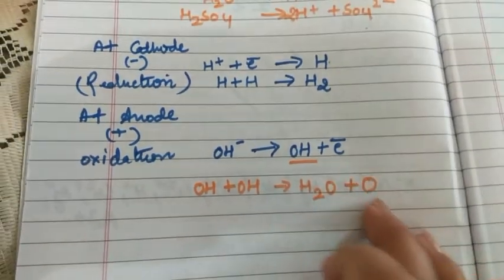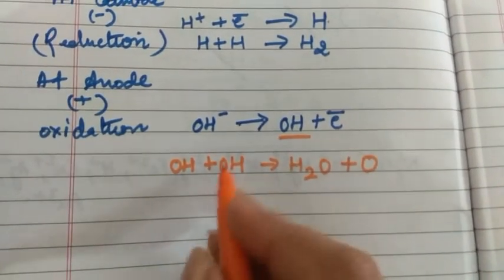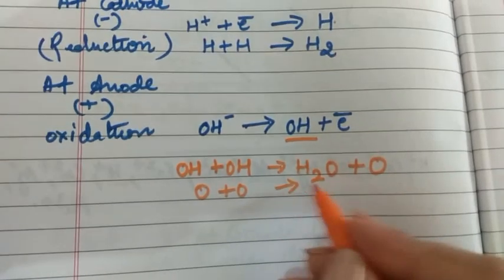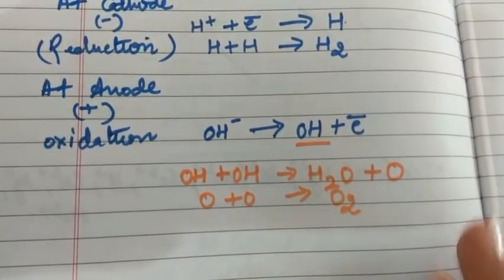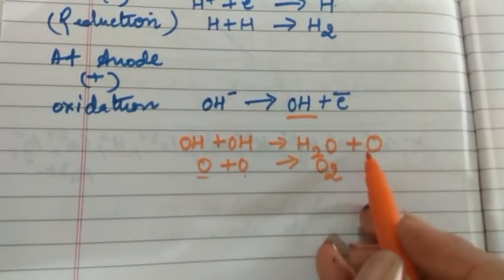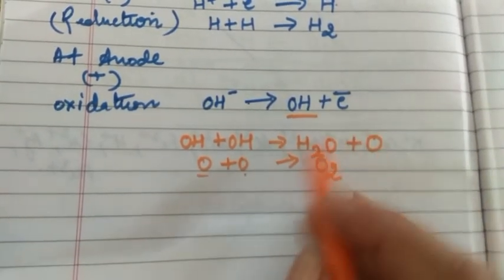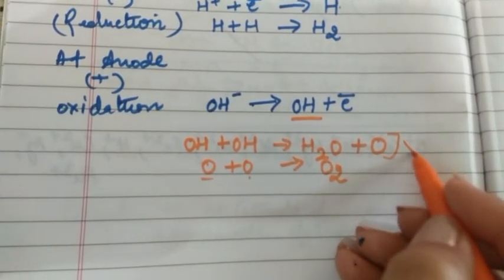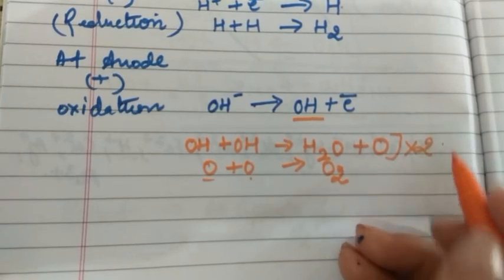Now here a single oxygen atom is also unstable, so O plus O will give O2 molecule. Now here 2O is there, here it is 1, so we can cancel it out by multiplying by 2. Why multiply by 2?